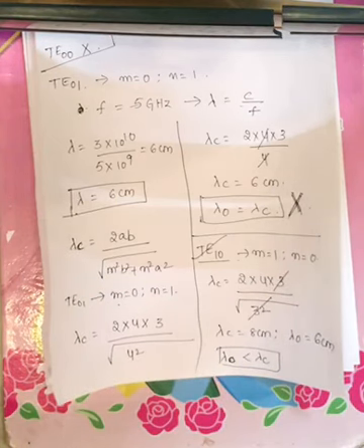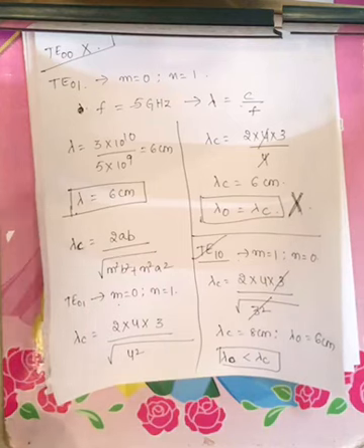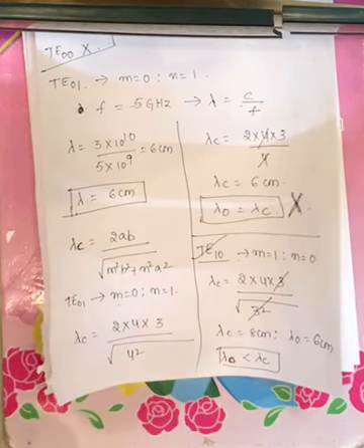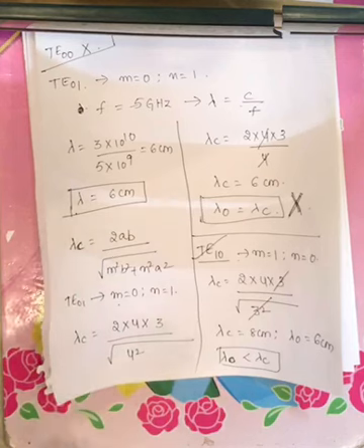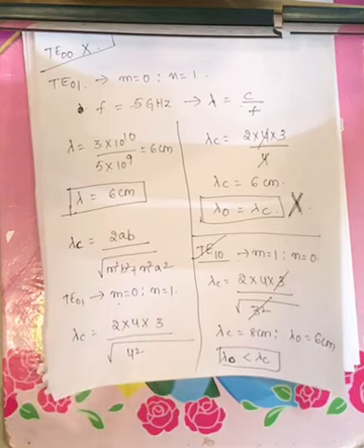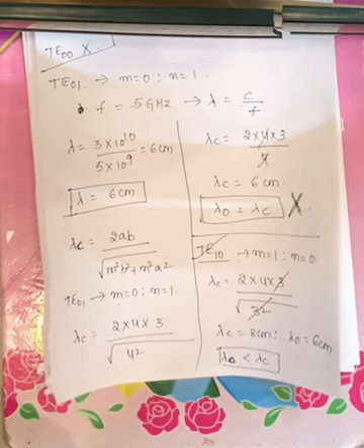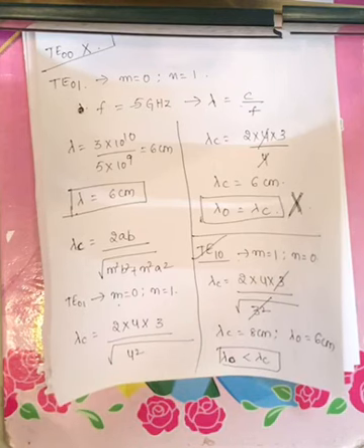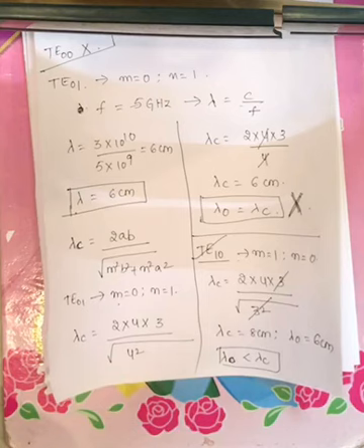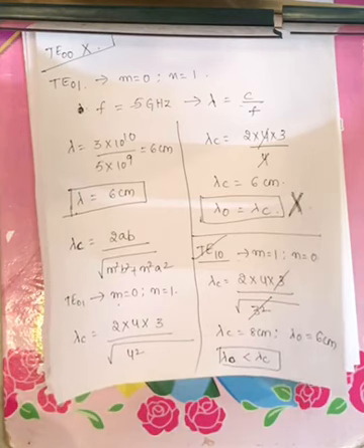Like this you have to find out different modes, right? TE10, next you have to calculate for TE02, next for TE20. Like this you have to calculate cutoff wavelength for different modes, and you have to find out the relation between lambda naught and lambda c, right? That particular mode is allowed through the waveguide only when free space wavelength is less than cutoff wavelength.